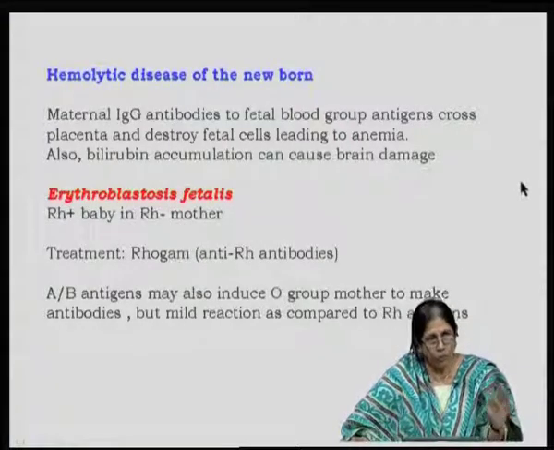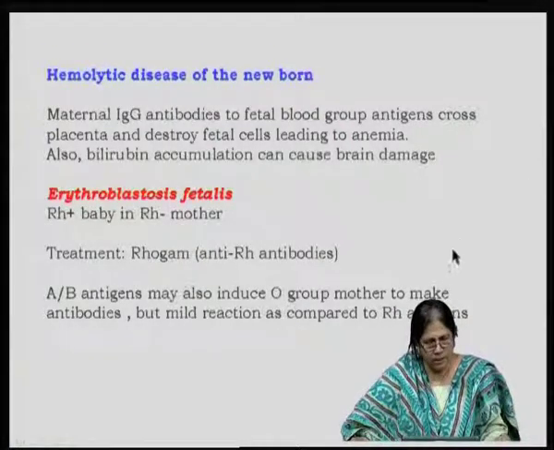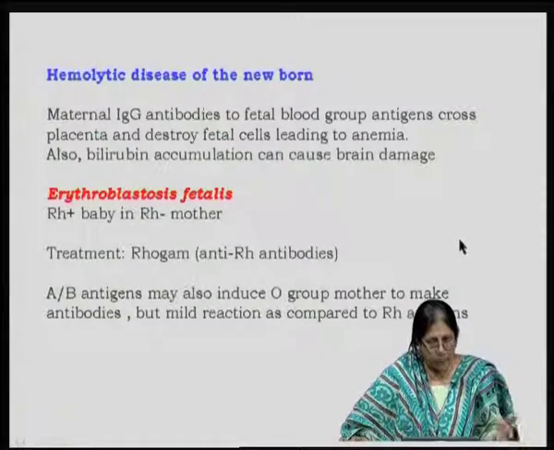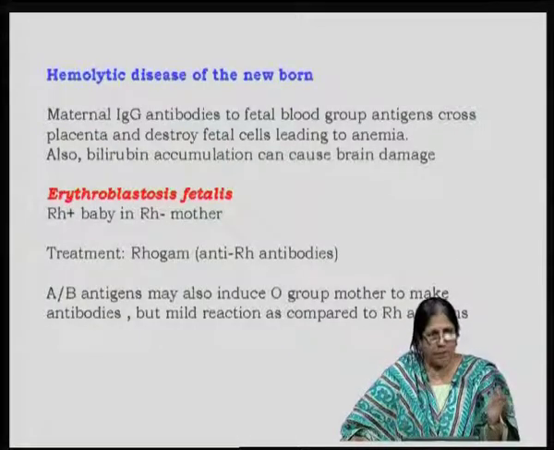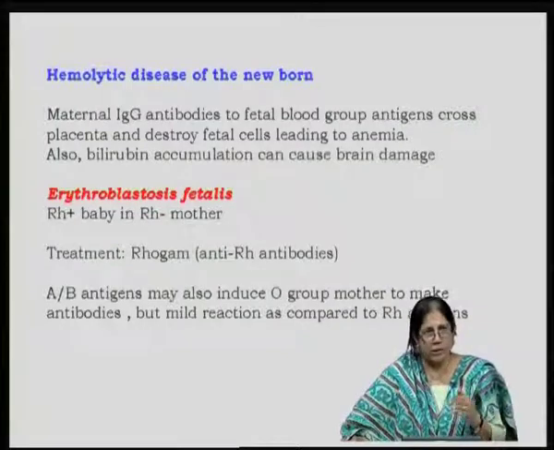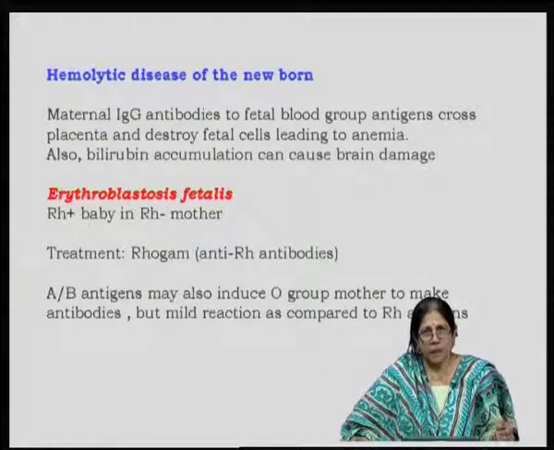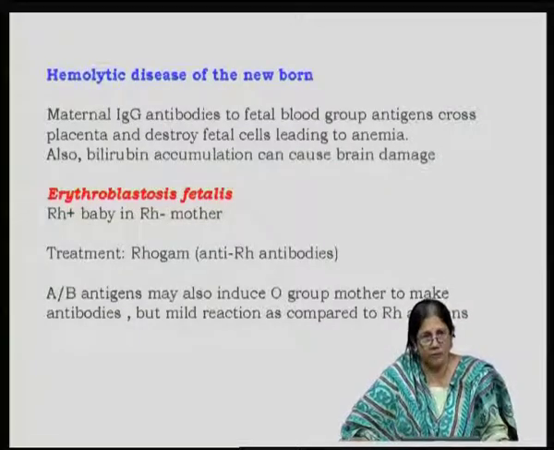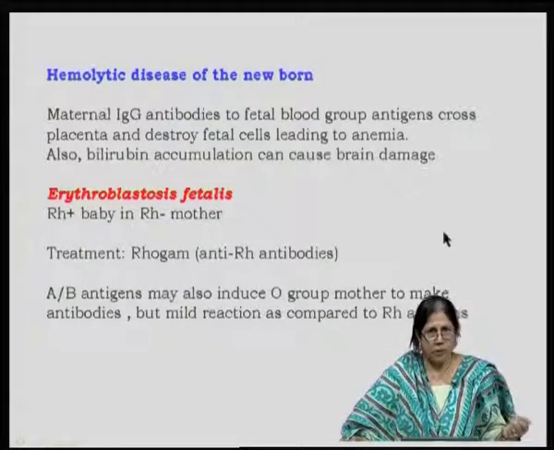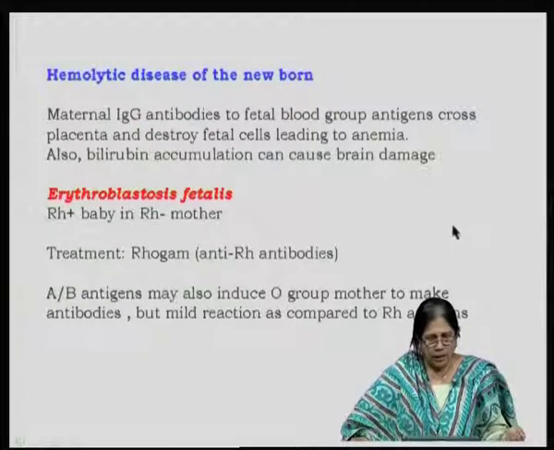Now, those would be only IgM type, but it has been seen that when fetal red blood cells go to the mother, then this kind of an immune response will always be IgM to begin with, but can also switch to IgG.